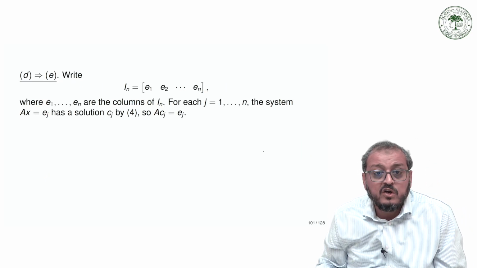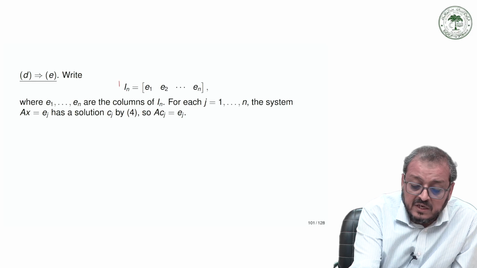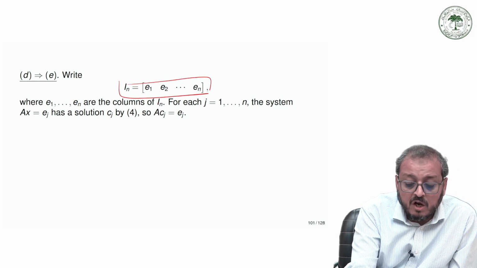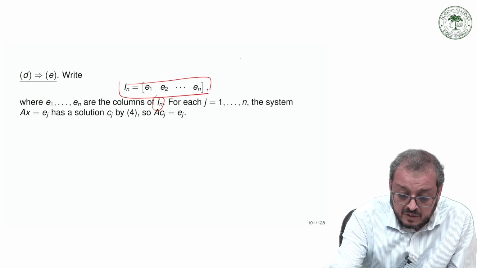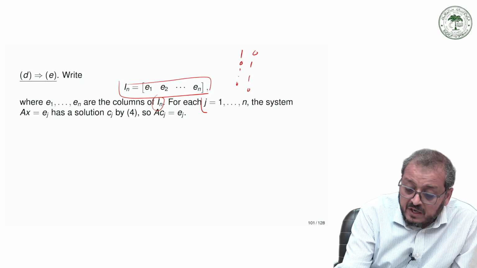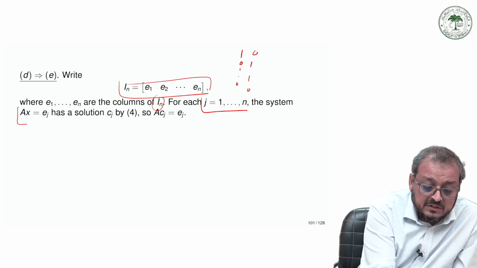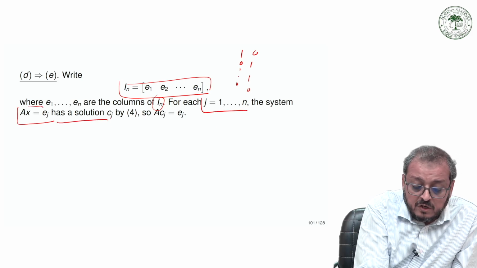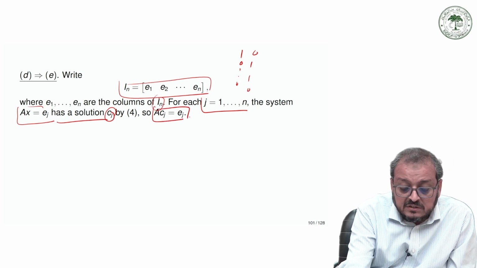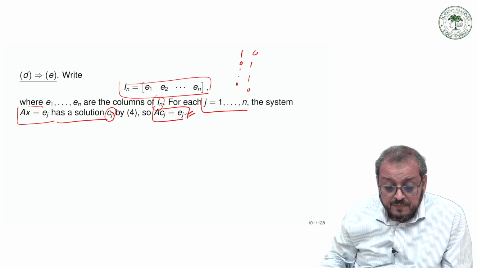Now we try D implies E. We write In as the identity matrix, with columns E1, E2, up to En, the columns of the identity matrix. So we can say 1 0 0 0, 0 1 0 0, and so on. Now for j running from 1 to n, the system Ax equal to Ej has a solution Cj. So A Cj equals Ej.